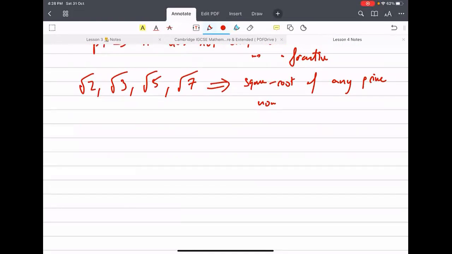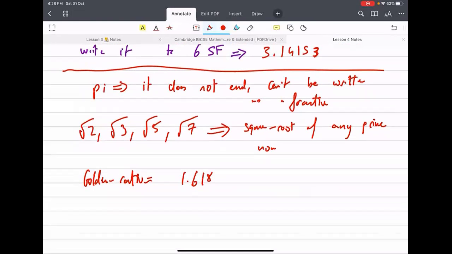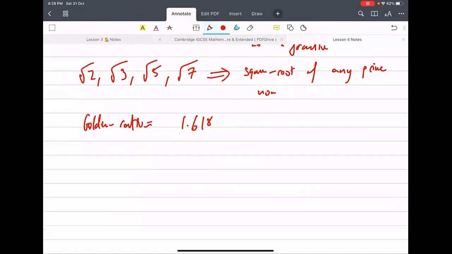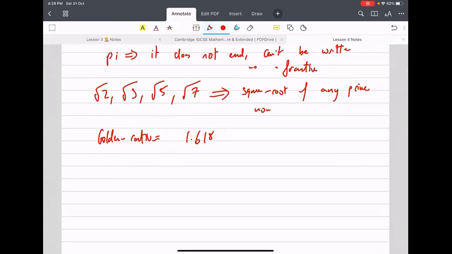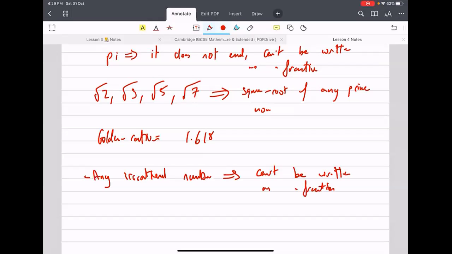It's called the golden ratio. 1.618, I think. I can't remember the exact number. But these are well-known numbers. I don't think that you need to know how to differentiate between these two numbers. Yeah, any irrational number cannot be written as a fraction.